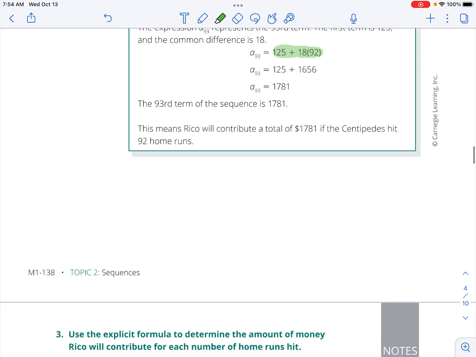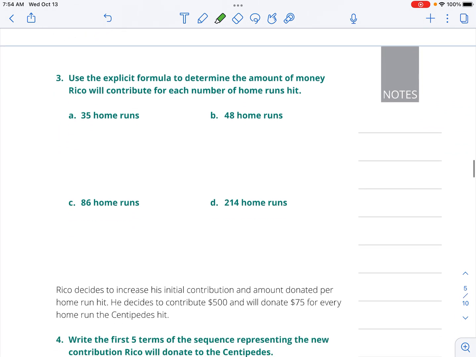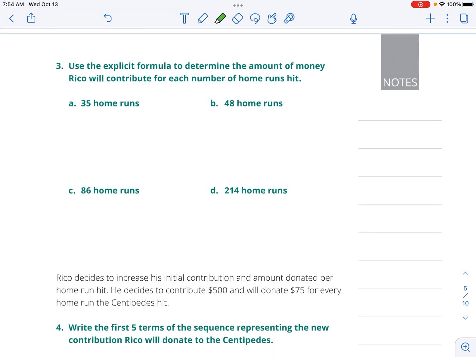So from here, we're going to use that idea to help us on number 3 then. We want to go through and calculate these home runs using our explicit formula. Okay, so if I want to hit 35 home runs, what that technically means is I want to find the 36th term.